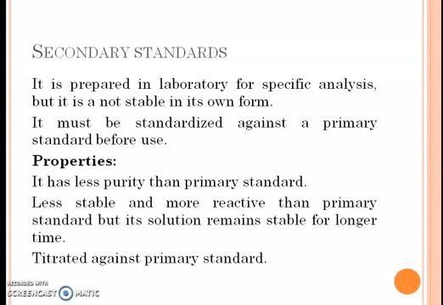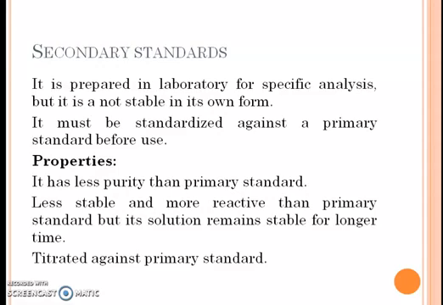Properties of secondary standard: it is less pure as compared to primary standard. It is less stable and more reactive than primary standard. But when converted in the solution form, it can remain stable for a longer time as compared to its solid form, and it must be titrated against primary standard.